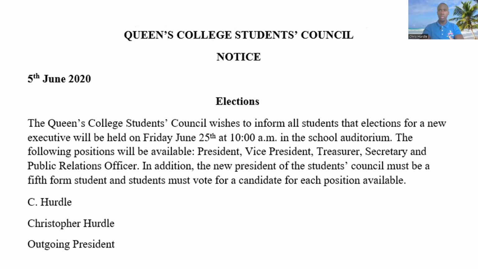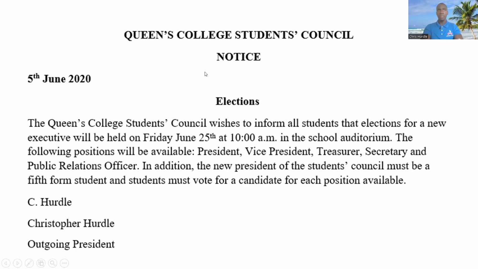So how notices work is that you place the body or the entity who writes the notice, right? You put them in caps at the top of the page, right?